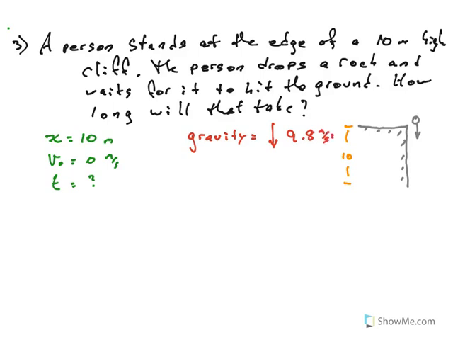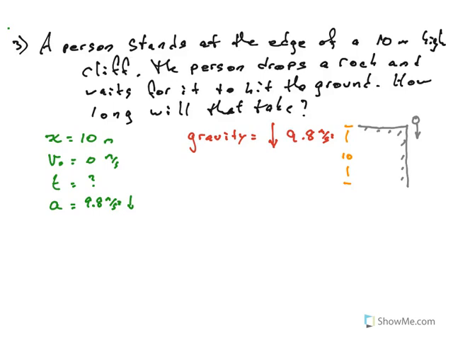Okay? So what does that mean? That means for our data for this problem, we do have an acceleration. And that acceleration is 9.8 meters per second squared downwards. Now, I'm saying downwards here because there might be confusion as we move forward, and so I'm going to do a bunch of examples with it.